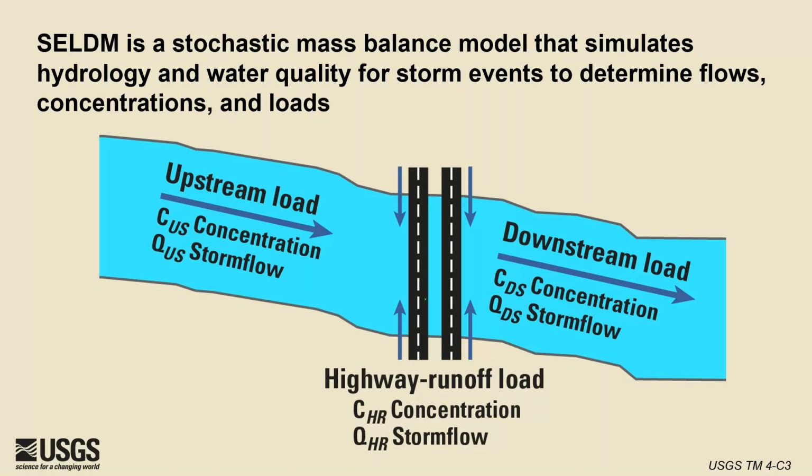The highway runoff concentrations in particular are simulated as random variables using the frequency factor method, with the average, standard deviation, and skew of monitored highway runoff concentrations. And that is the piece of SELDM, simulating highway runoff concentrations, that we will be focusing on when we talk about the Highway Runoff Database.